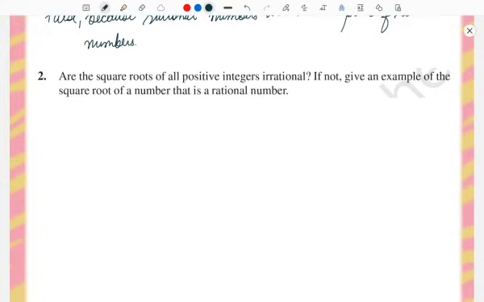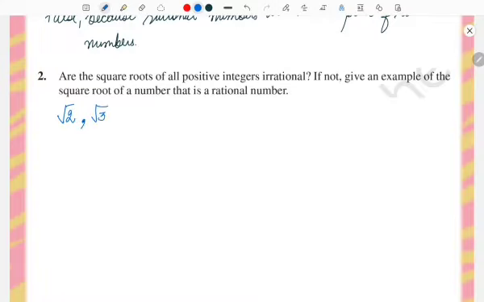Next question. Are the square roots of all positive integers irrational? That means if we take the square root of all positive integers, is it necessary that all those numbers will come out irrational? Okay, let's start with root 2. Root 2 is irrational.